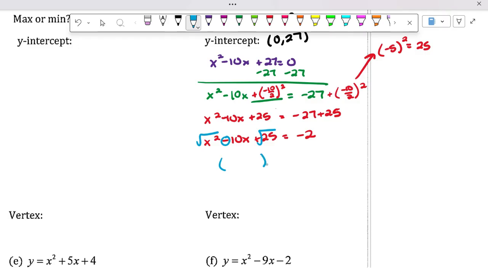So Jared, what would that be? So x minus, because we bring that term down, square root of 25. Five. Then we make sure we square that. It's equal to negative 2.